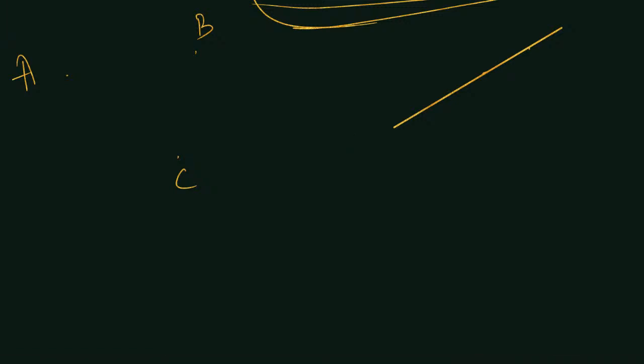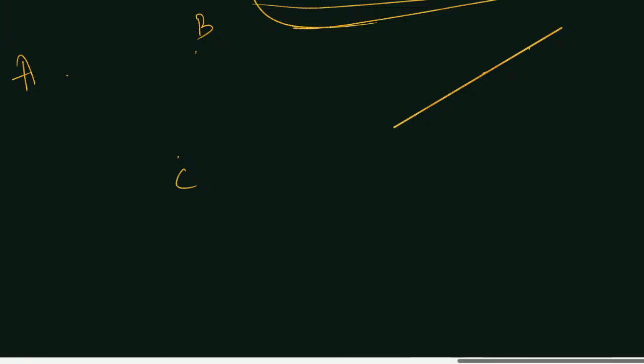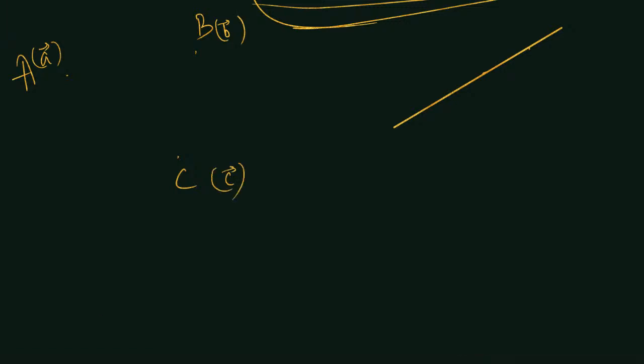And 3 non-collinear points in a plane will decide the equation of the plane. Okay, this blackboard is the plane, or green board, whatever you say. Your problem is to write the equation of plane which contain these 3 points A, B and C. Okay?